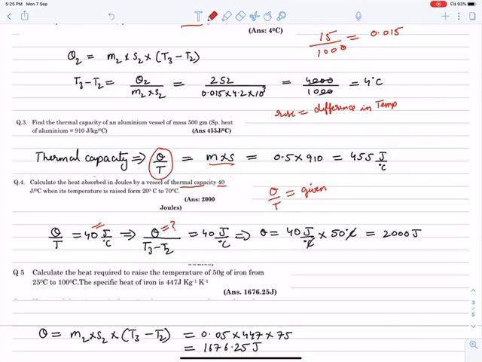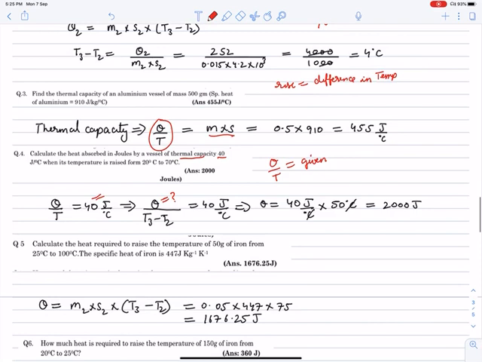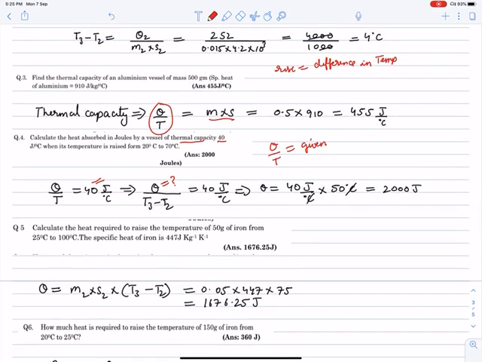Now, calculate the heat required to raise the temperature of 50 gram of iron from 25 degrees Celsius to 100 degrees Celsius. The specific heat of iron is 447 joule per kg per Kelvin. Obviously, we have learned that heat lost is given by Q1 equal to M1 into S1 into T1 minus T2.